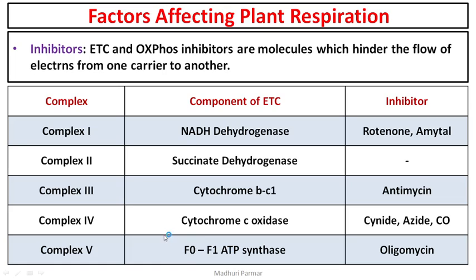So that particle is inhibited by oligomycin, and it was given the name FO or F0. Later on, the part which is coming out, the lollipop type of part, was named F1. So F0 F1 or FOF1 ATP synthase. The oligomycin is the inhibitor which inhibits this complex.